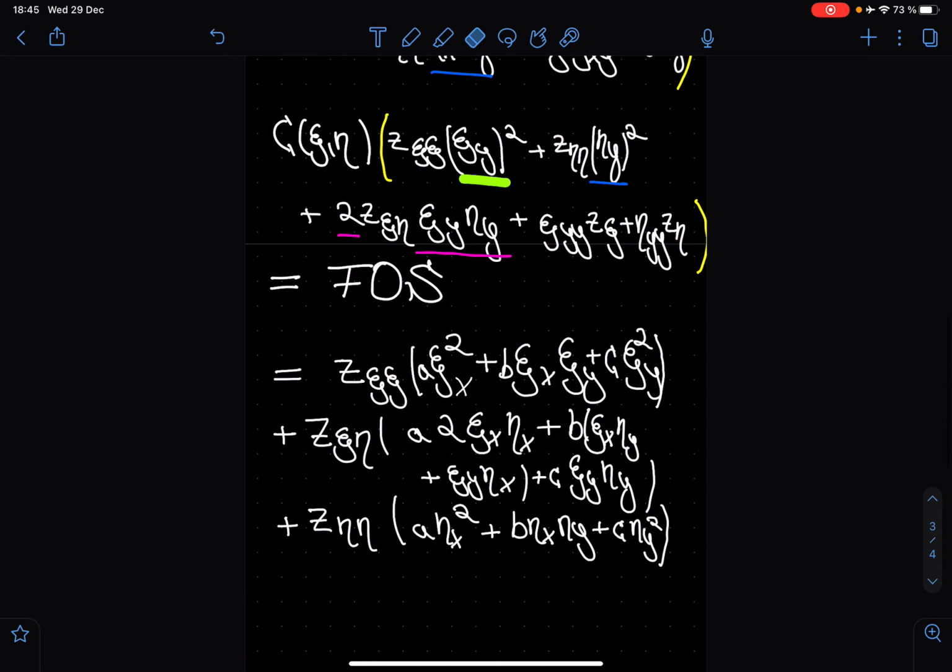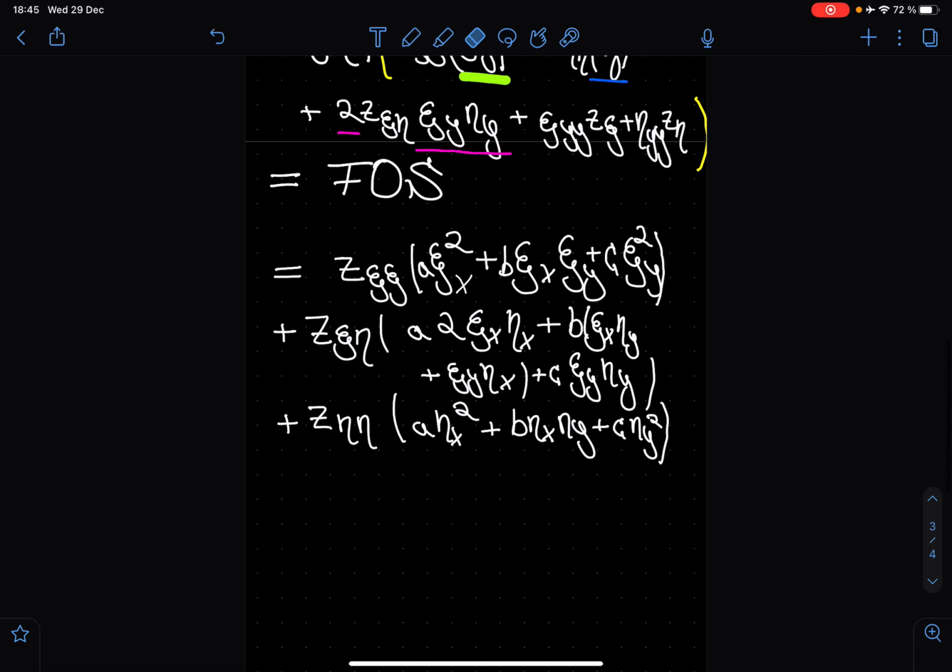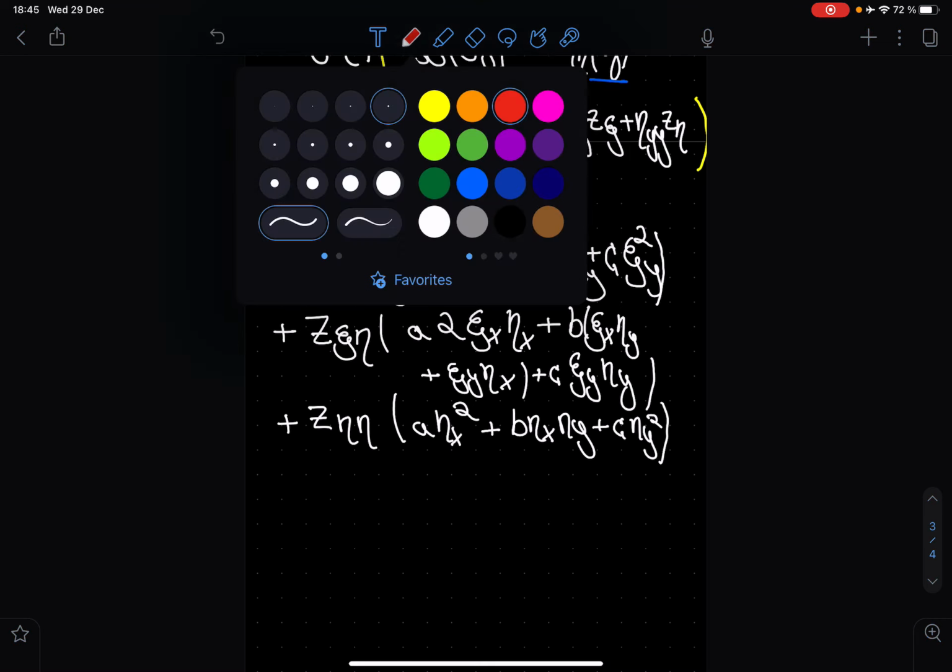Okay, so after that I sorted everything, and that's our new result. I'm going to color that, that's too much colors though, let me go with green again.